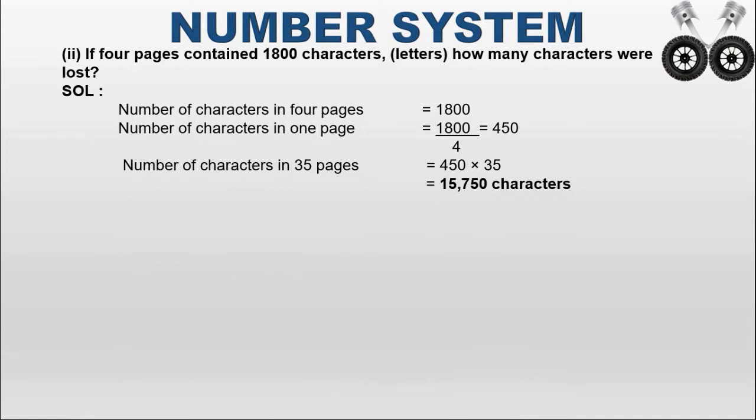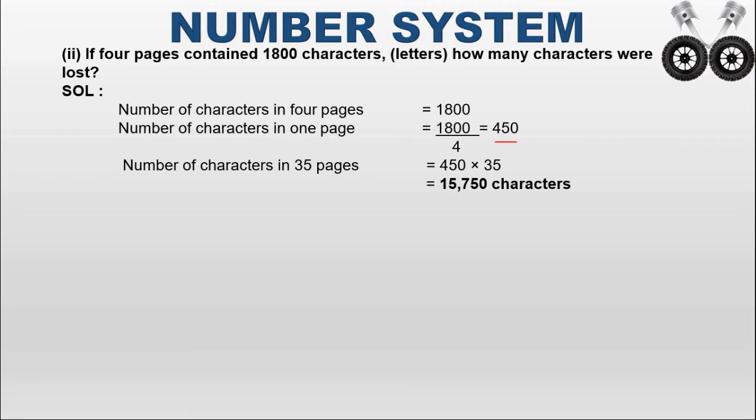So for one page, how many characters did he write? That means you have to divide. So 1800 divided by 4. The answer is 450. So for one page, he wrote 450 characters.